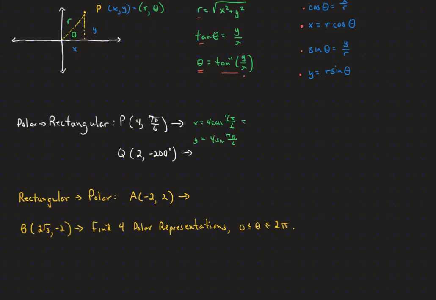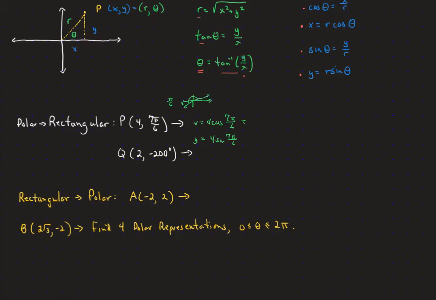Sometimes this may require a calculator, sometimes I won't let you use a calculator, and these two are known values, so I would expect you to get the exact value, that is, don't use your calculator. So if you remember 7 pi over 6, there's 6 plus 1 more sixth, which is going to put us into quadrant 3. Our reference angle is going to be pi over 6. Cosine starts big, so cosine at 0 is 1.